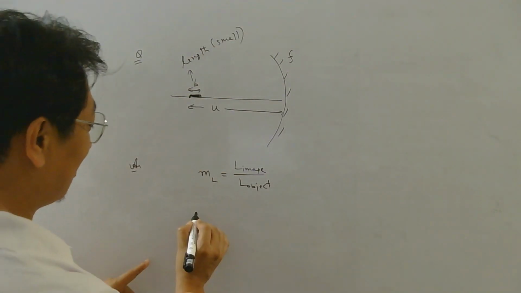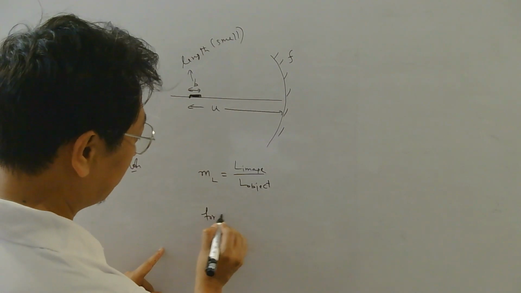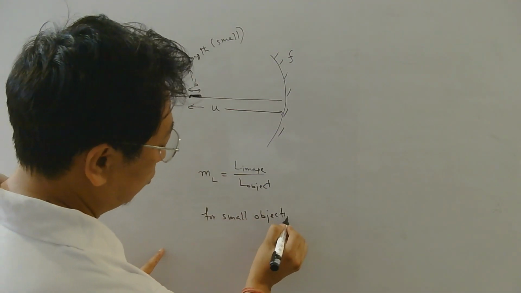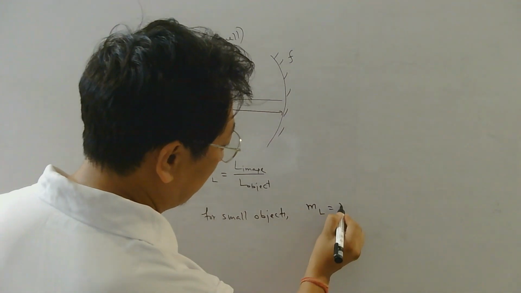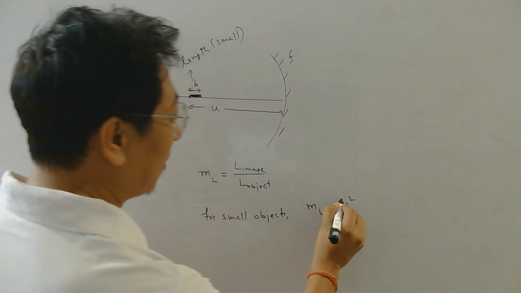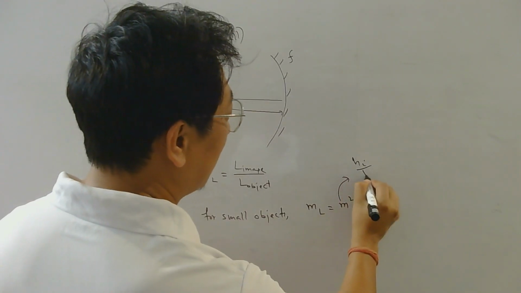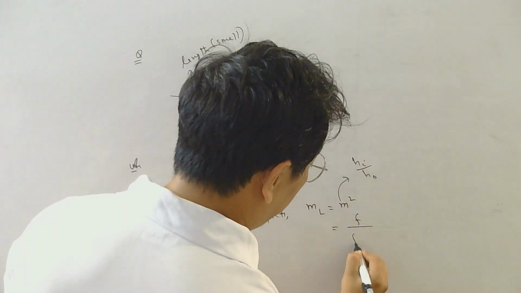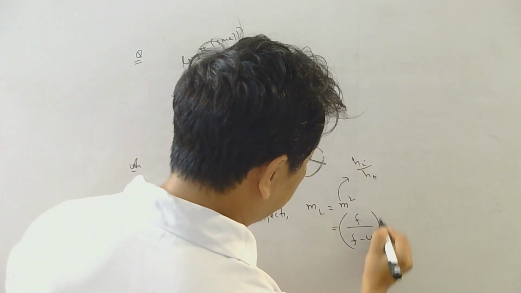For small objects, I have shown in class that ML will be m squared, where m is the lateral magnification, hi by ho. And that m formula is what? f by f minus u.